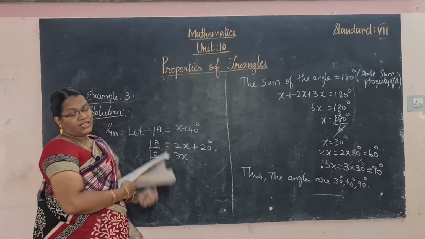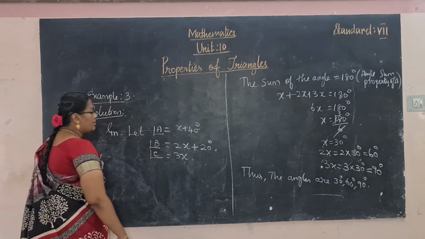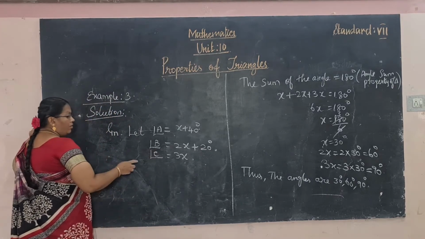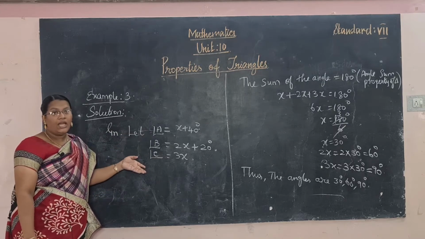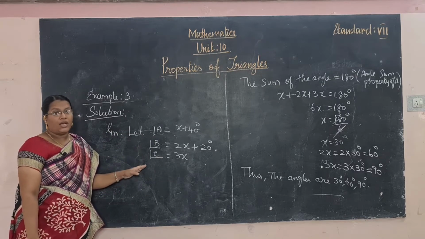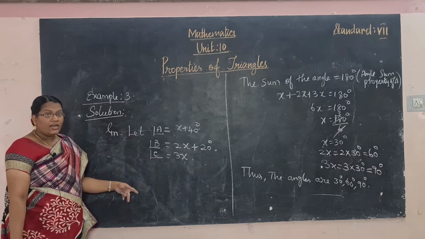Find the value of x and also say which type of triangle this is. Now you know three angles are given, so we use the angle sum property of a triangle: the sum of the three angles is 180 degrees. Write here the angle sum property of a triangle.